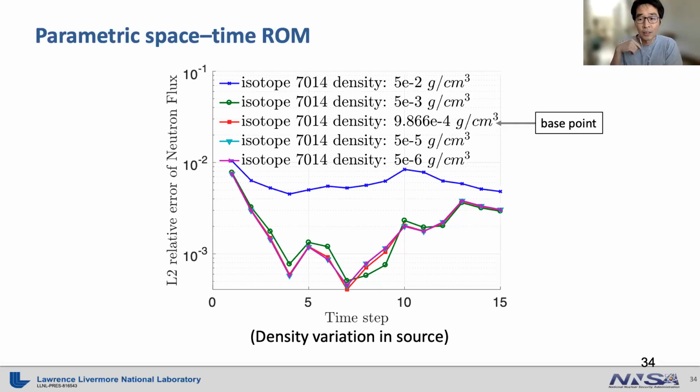So in order to see the predictability, we have changed the density of the air in the source terms from 0.05 to a very small number, and we were able to see that our space-time reduced model accurately predicted all those variations, although the local reduced model was built at this one point.